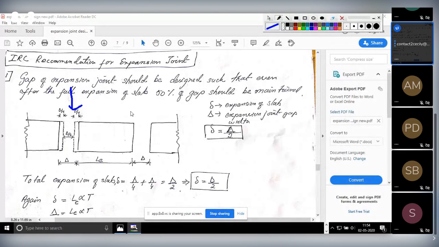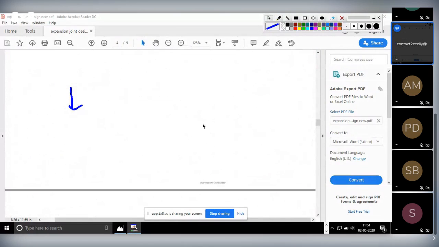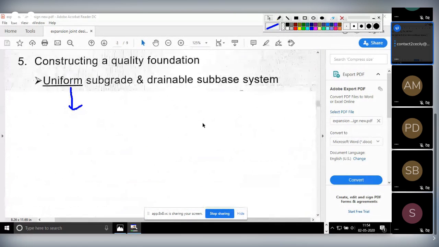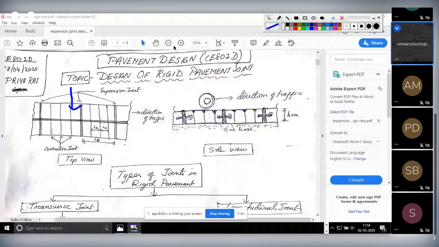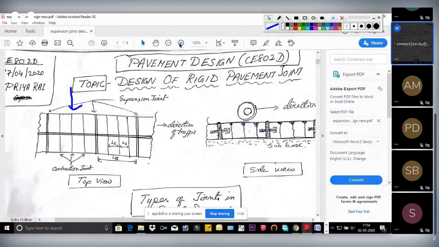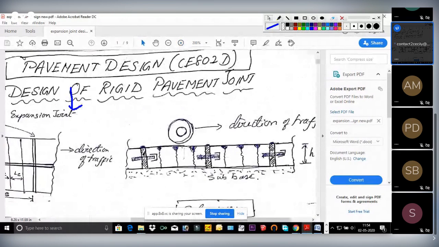Now it is filled by the filler material. These joints are filled with this filler material.